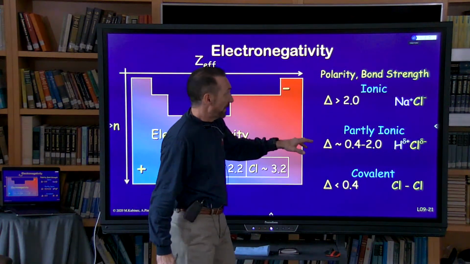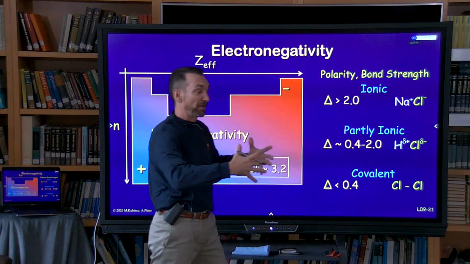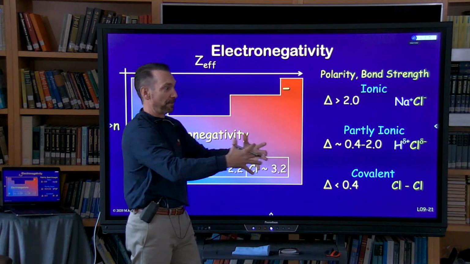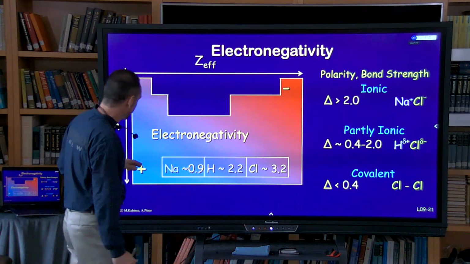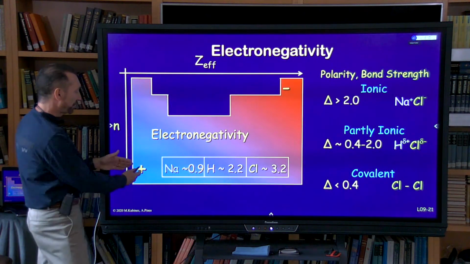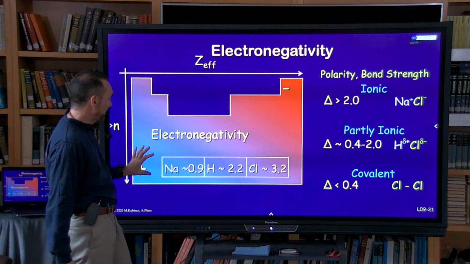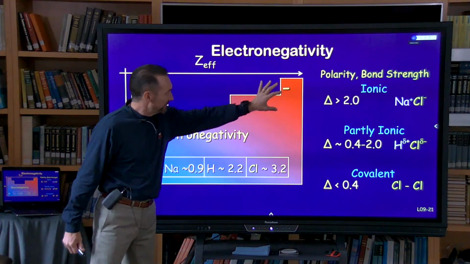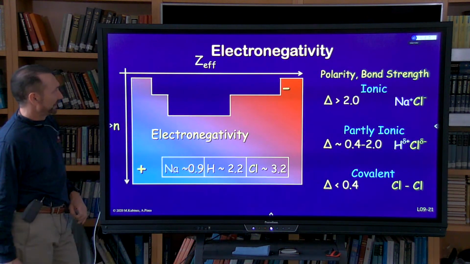So the electronegative elements are electron withdrawing from the bond. They draw them to themselves. And that trend, these are the electropositive, these are the electronegative. So electronegativity increases kind of diagonally as you go across here.